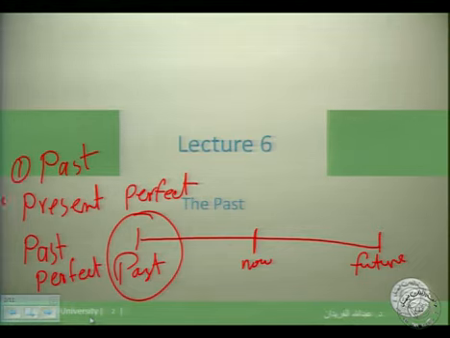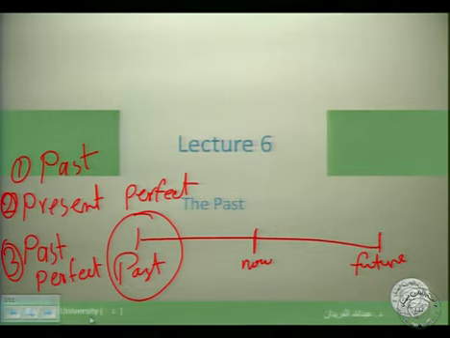So we have number 1, number 2, and number 3. What is the difference between past, present perfect and past perfect? They all express something that happened in the past, but there is a slight difference between them.